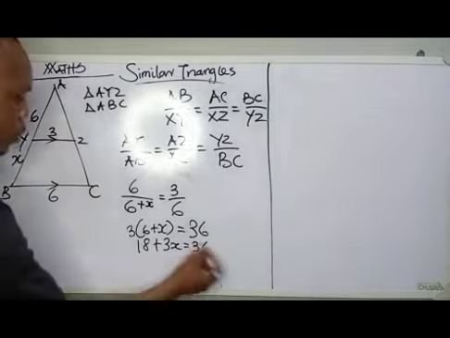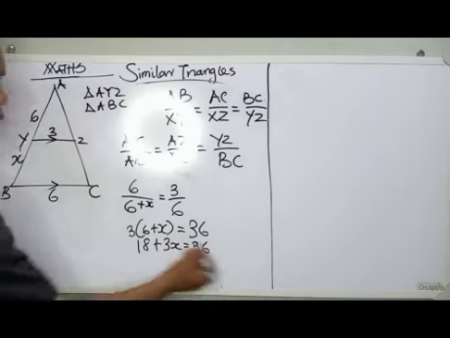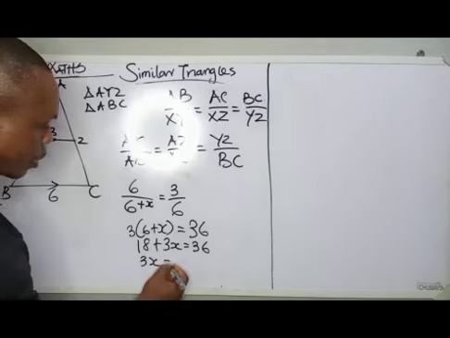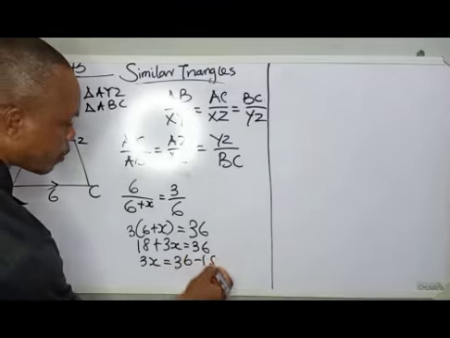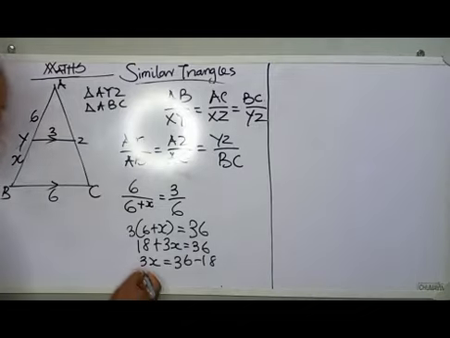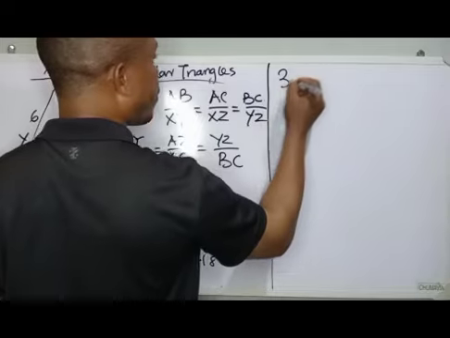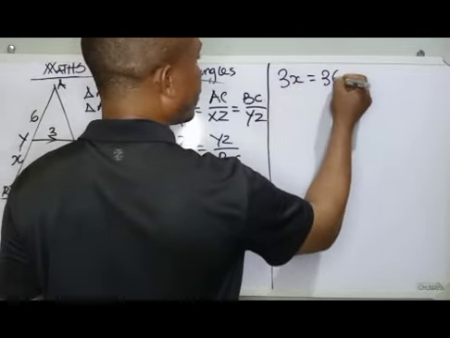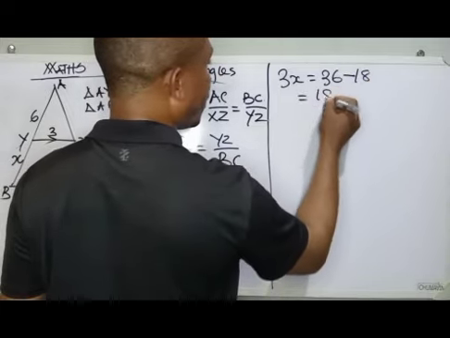Okay, so now I'm going to take my like terms, or I am going to subtract 18 from both sides. So when I do that, it's going to be 3x equals to 36 minus 18 equals to 18.